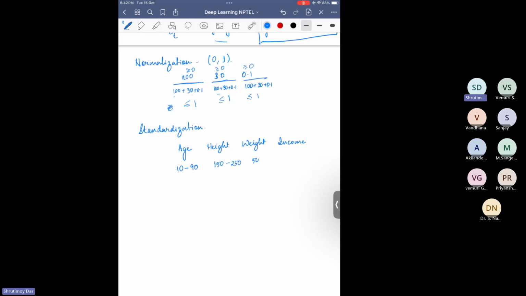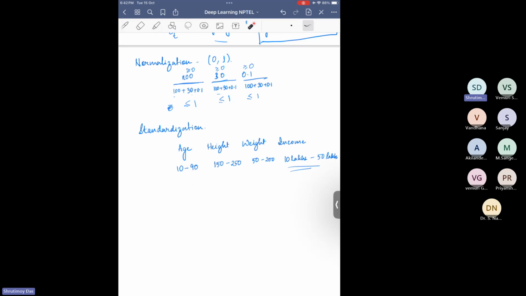Weight may be between 50 to 200 kilograms, and income maybe between 10 lakhs to 50 lakhs. So suppose you have features of a data set whose ranges are like this. If you're doing some sort of learning, you see that income will be very large, but these numbers are very small.